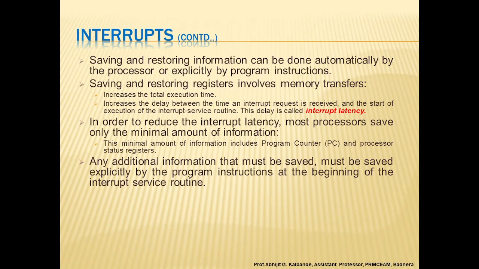An important difference between interrupt service routines and subroutines is that a subroutine performs the function required by the program from which it is called, whereas the interrupt service routine may have nothing in common with the program being executed at the time the interrupt request is received.